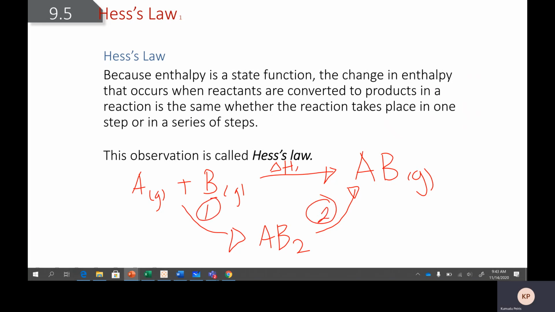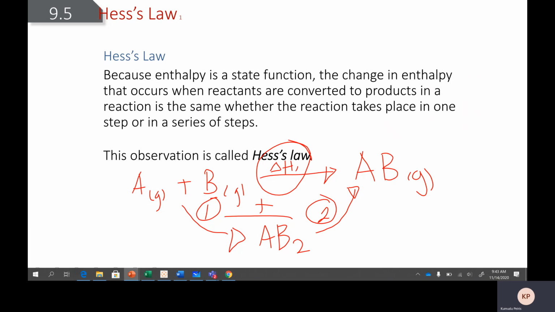But enthalpy is a state function, therefore this delta H1 will be equal to the sum of the energies of the processes that happen through these two steps. That means the enthalpy of formation of the product doesn't depend on the path or the number of steps of that reaction.